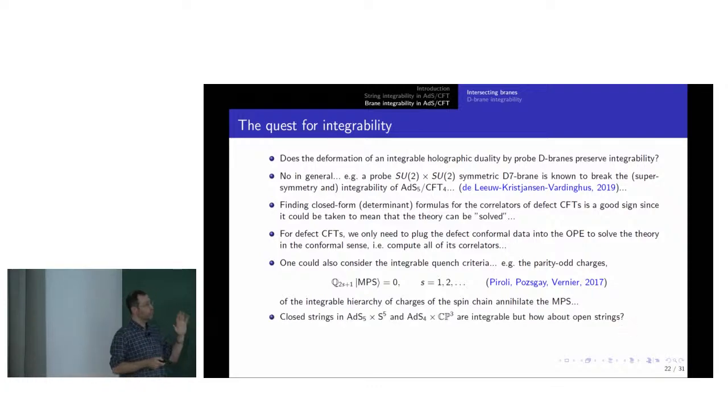And this has been shown for both of these systems, and recently it was shown also for the AdS4 system.